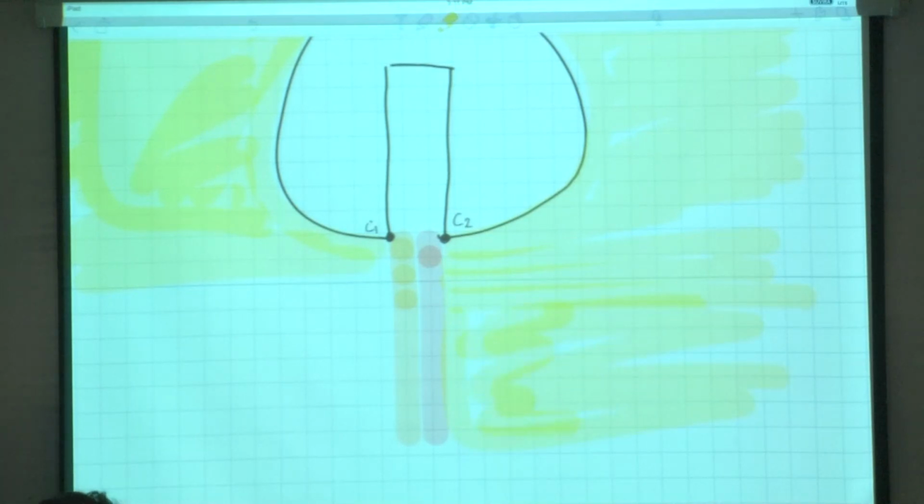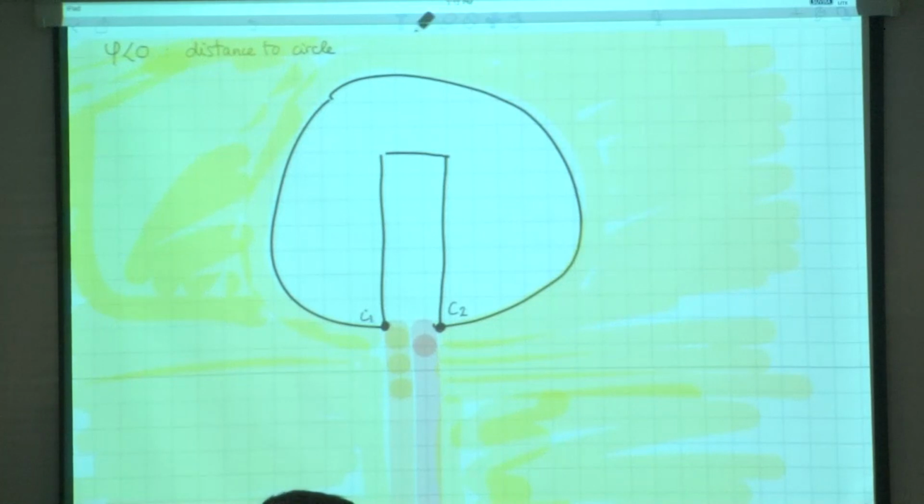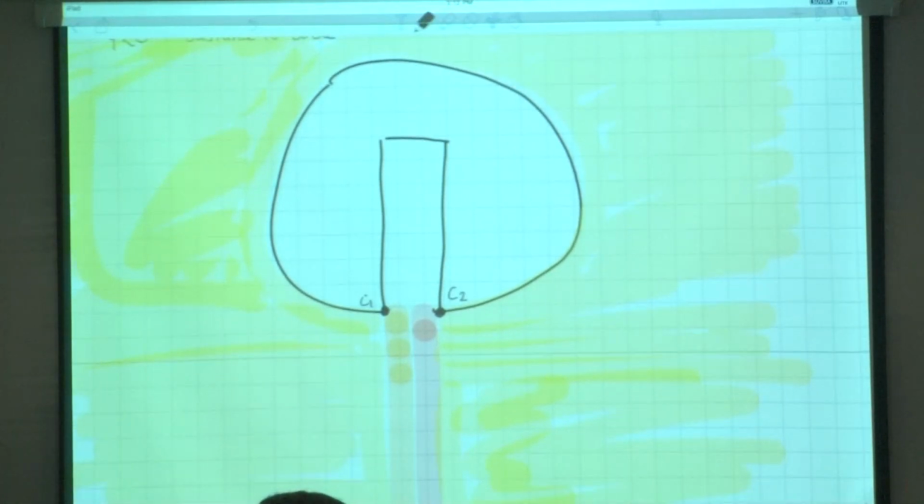Everywhere else, I only care about the distance from the circle as long as I'm outside. So this is distance to C1, distance to C2.